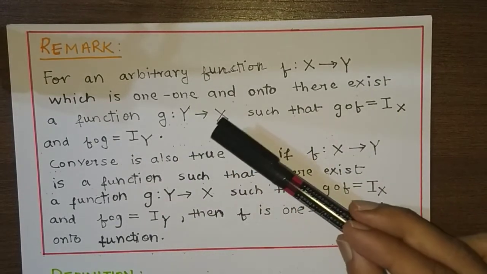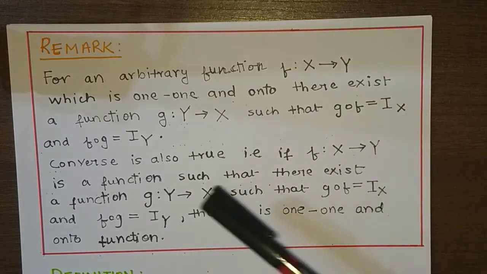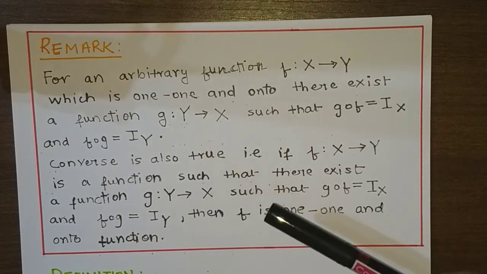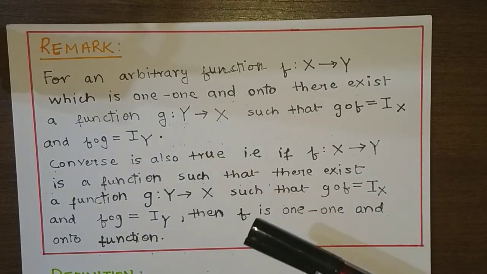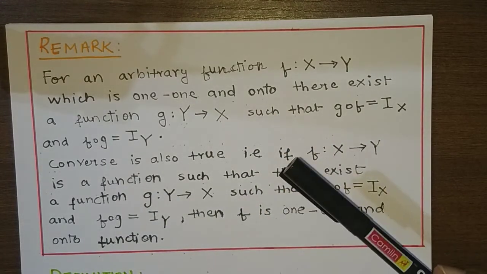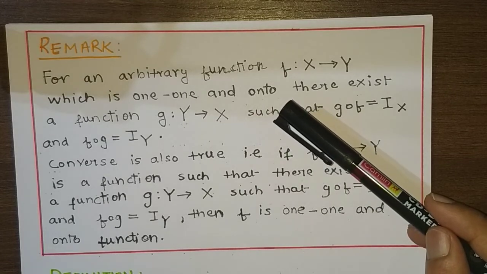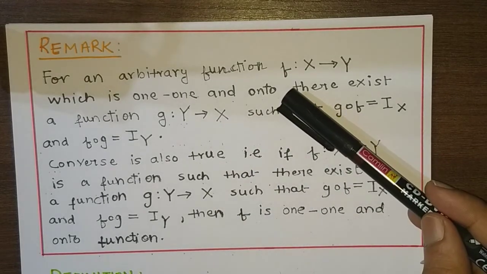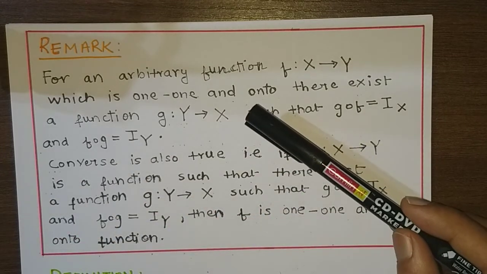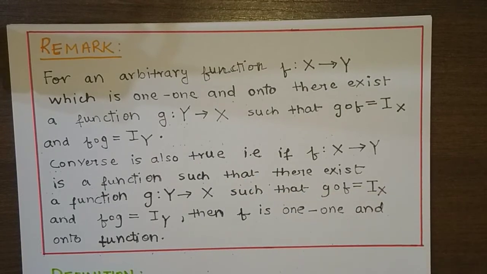So there we got a function g such that g composition f was equal to I suffix x and f composition g was equal to I suffix y, right? So that example you can apply here. This remark you can apply to that example and you will get the result.